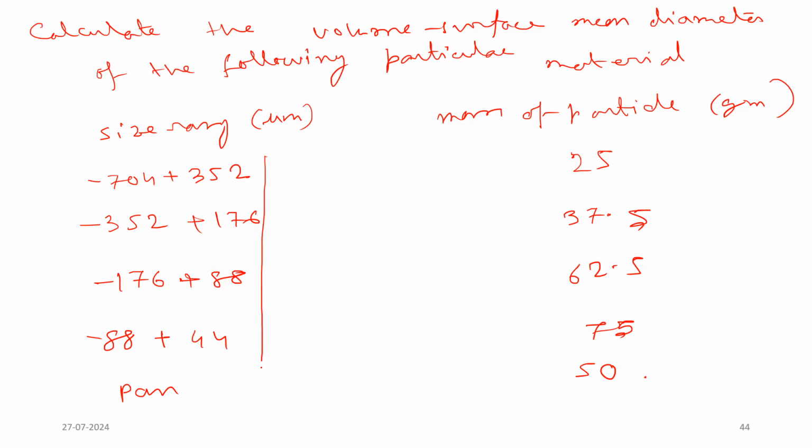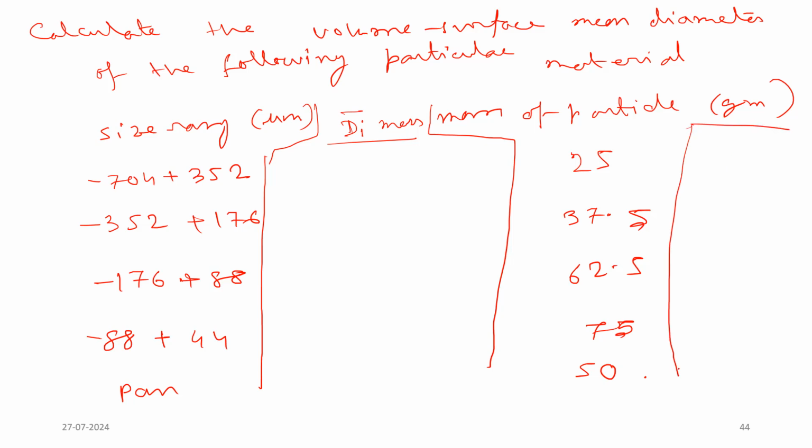So this is the size. Now we are going to calculate the average diameter of the mesh, and here we are calculating the fraction. For the first, how is it calculated?